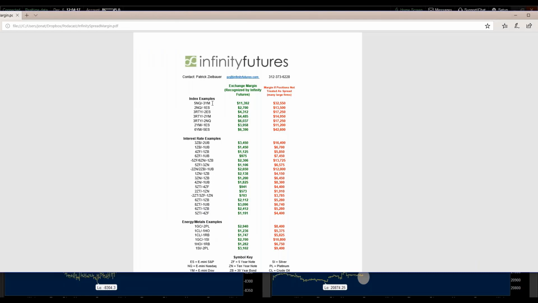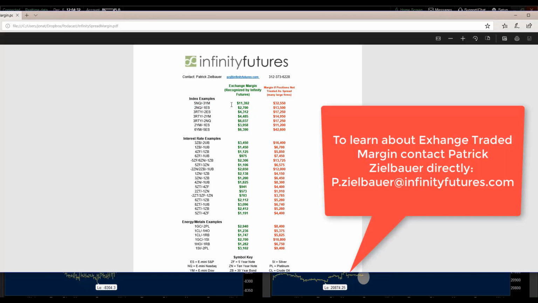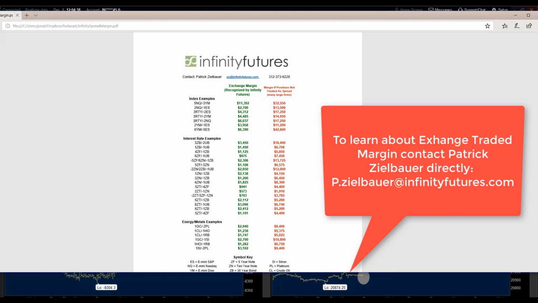What this is, Infinity's just getting this from the Mercantile Exchange. I believe they're called SPAN numbers. So using the indexes, if you do like 5 NASDAQ to 3 Dow, margin separately is going to be like 32,000, but on the exchange margin, you're going to get that credit.